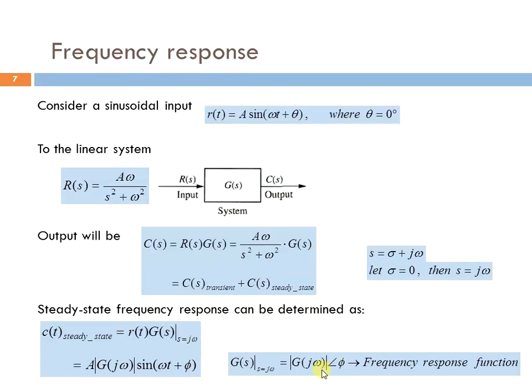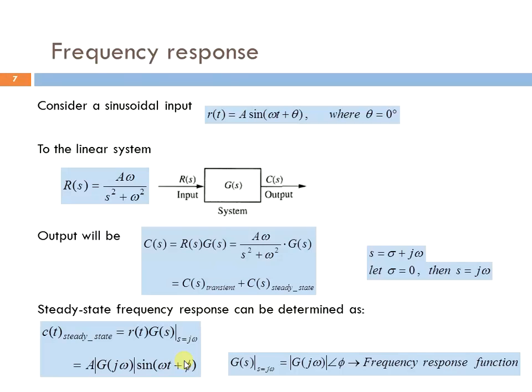And so the output will be a sinusoid whose amplitude is the product of the input amplitude and the transfer function amplitude, and the phase is going to be the sum of the input phase as well as the system phase. In this case, since we took the input phase to be 0, the output phase corresponds to that of the system.